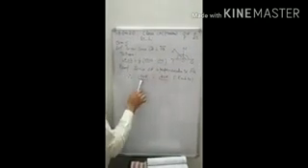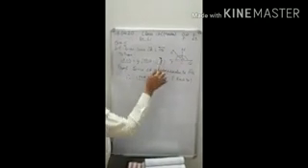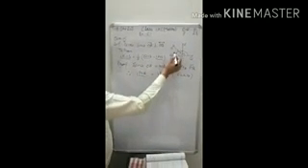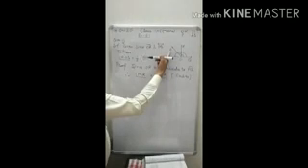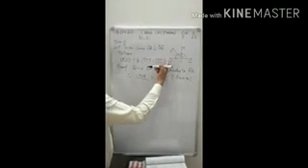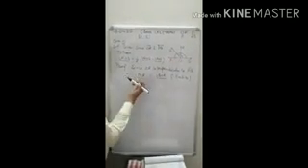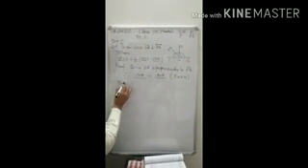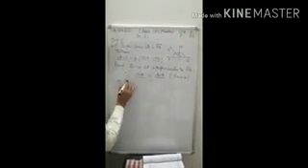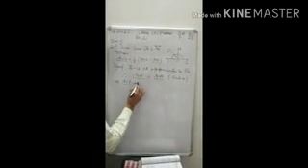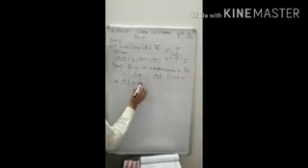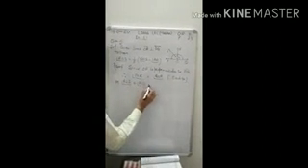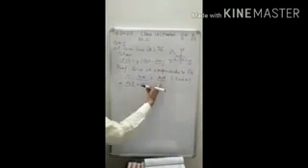Now you see angle POR. This angle is made by the addition of two angles. What are they? This angle and this angle. This angle can be named as angle POS. So in place of POR, we can write angle POS plus, what is the name of this angle? Angle ROS is equal to angle QOR. Now how can we write angle QOR?